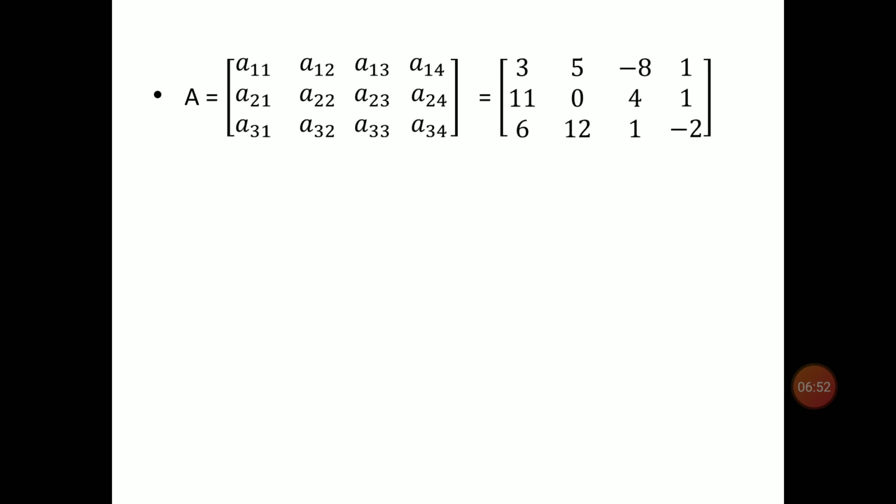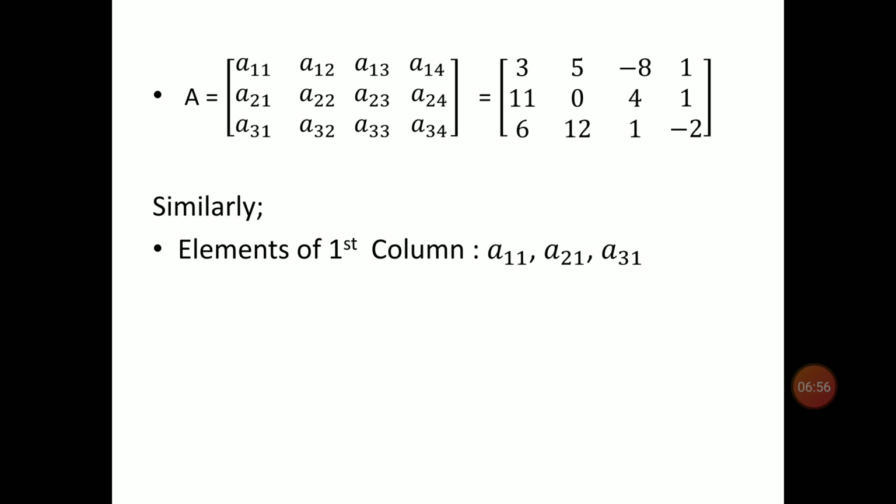So let us study about the columns. Similarly, elements of the first column are A11, A21, A31. So here vertical lines denote a column, and the second suffix denotes the number of the column in which it lies.